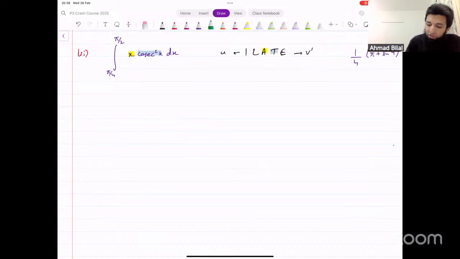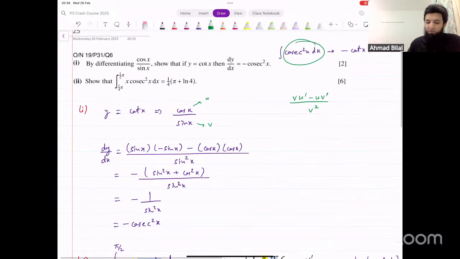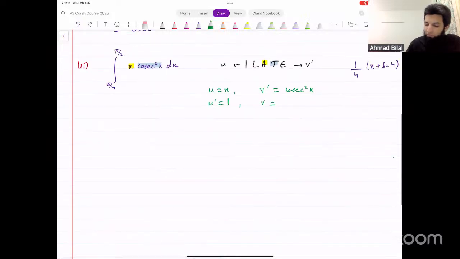That means u should be x and v dash should be cosecant square x. What's the derivative of x? u dash is 1. What's v? Integration of cosecant square x. This is where what we did in the previous part is going to be helpful. Integration of cosecant square x is minus cot x. So v is minus cot x.